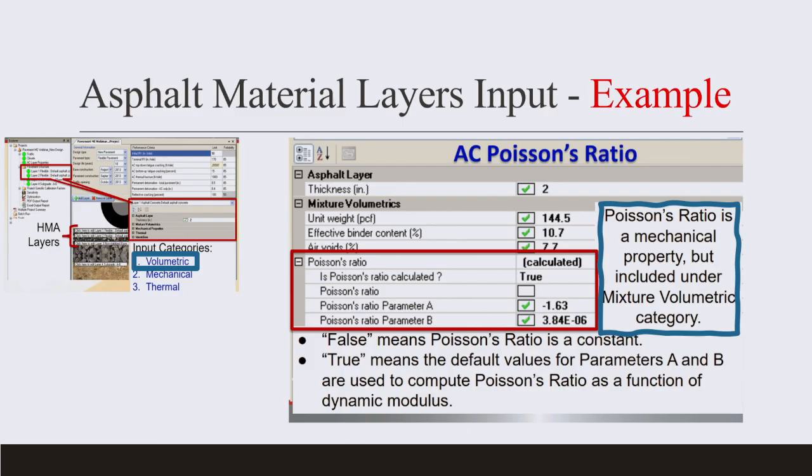From his definition, which we all believe, Poisson ratio is basically the ratio of the lateral over the vertical. And so all things being equal, depending on the material, we expect this one to be larger and this one to be smaller.